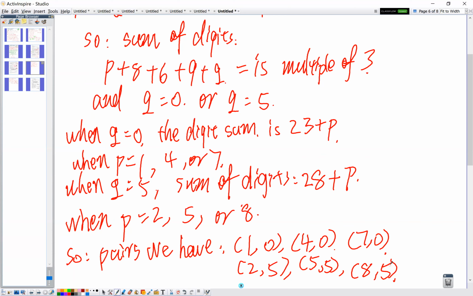So altogether, how many do we have? So in total we have 6. The total is 6. This is what we have, with this answer here.